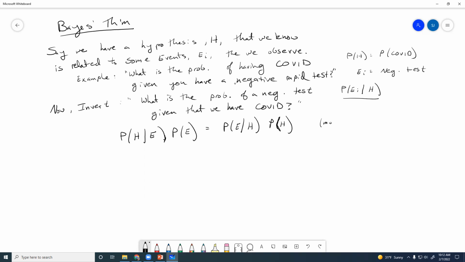So the multiplication rule allows us to do this. And then ultimately, this is what we want to solve for. What is the probability we have COVID given that we have this negative test? So we're just going to divide by that and bring it over here.